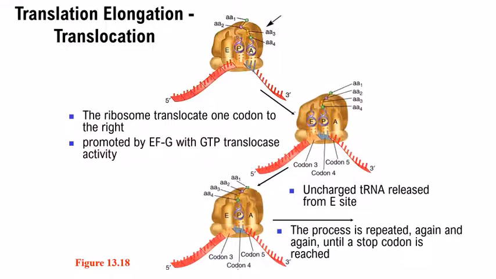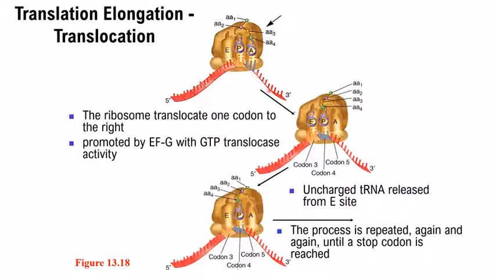Now this particular tRNA has become uncharged. It does not have any amino acid linked to it. Due to translocation, this tRNA molecule is going to shift to the E site. The tRNA, which has a chain of amino acids, a short polypeptide, is going to shift to the P site and the A site is going to become free.